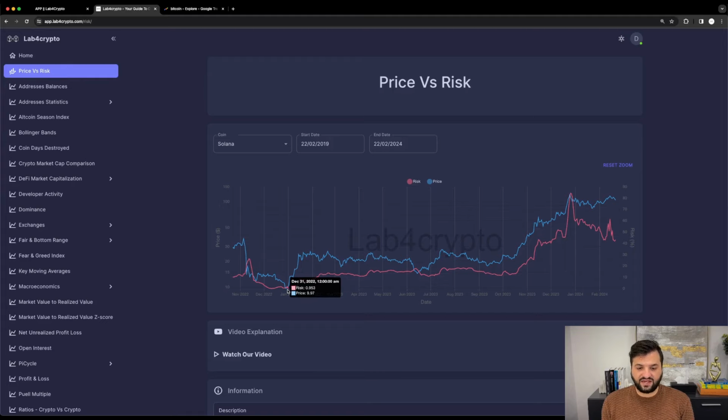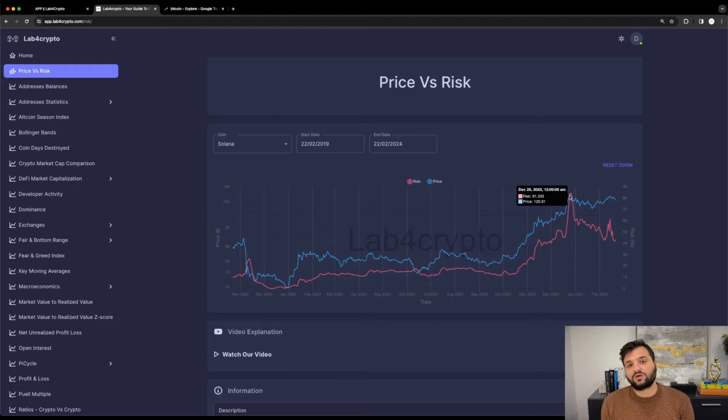As we can see, from December 31st of December 2021 to 22, Solana had a 12x gain in a year. So it started at 9 point, let's say 10 for simplicity, and it went all the way up to 120.